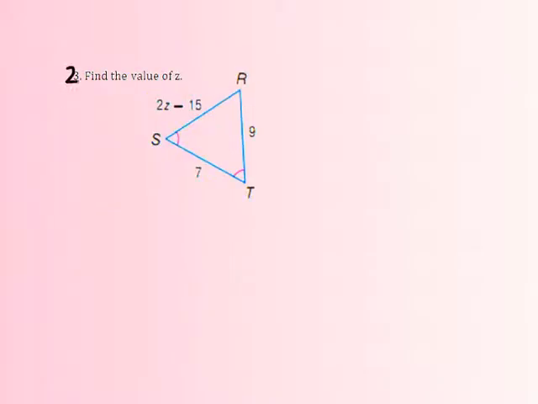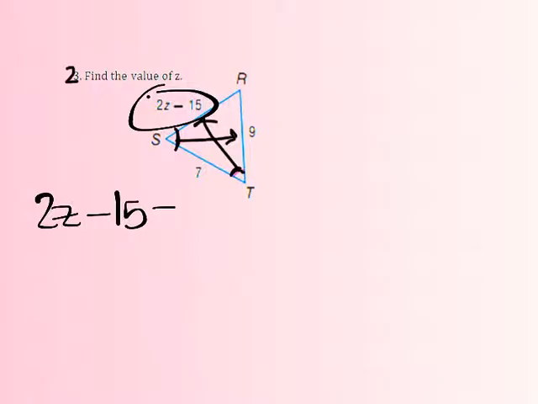So let's take a look at number 2. It wants you to find the value of Z. Well, this angle and the side sitting across from it, and this angle and the side sitting across from it are going to be equal. So that means that 2Z minus 15 is equal to 9. Okay, so now we need to solve this for Z. So I'm going to start by adding 15 to both sides.